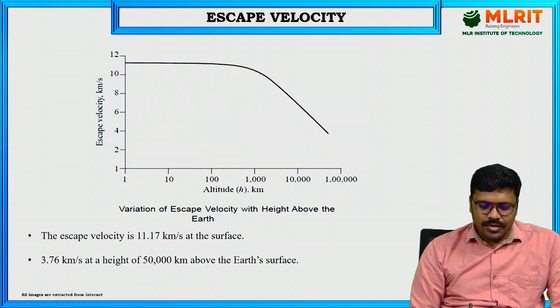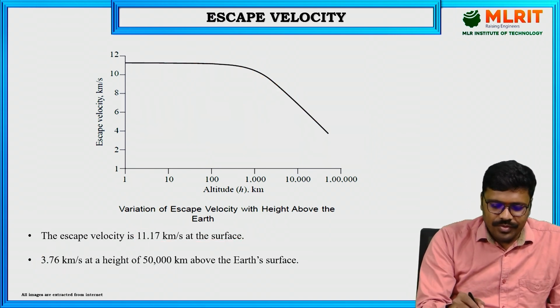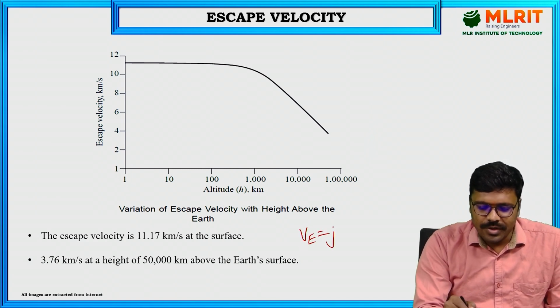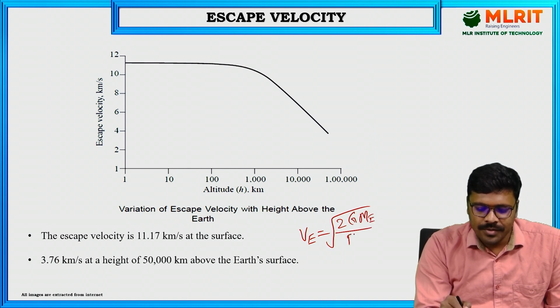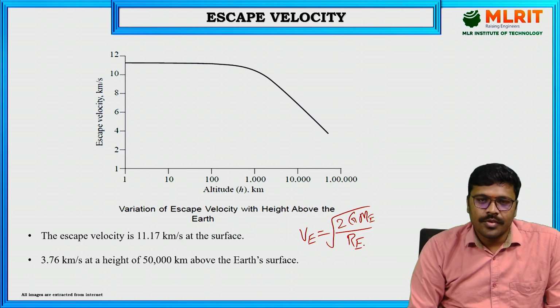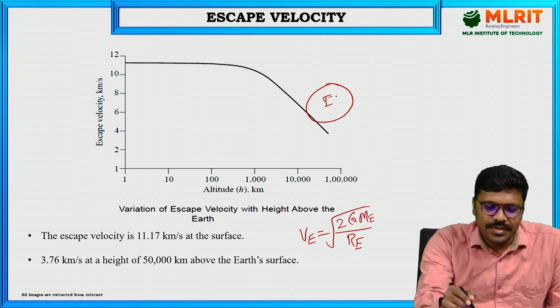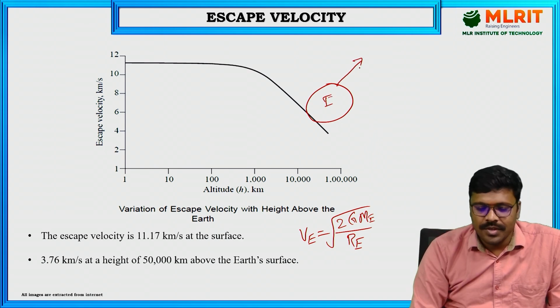If you go through the equation once, V is equal to under root 2 into capital G me by RE. This is the equation for an object which has to escape from the earth surface.